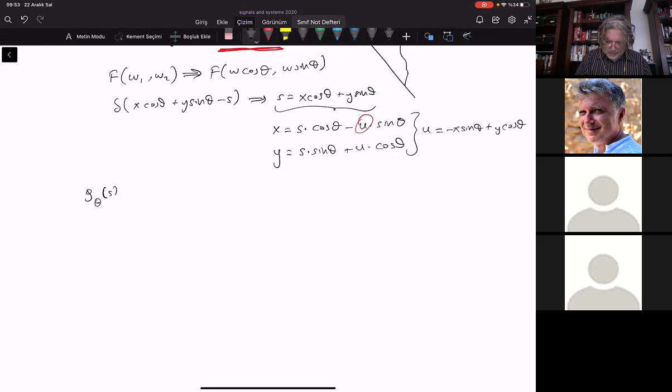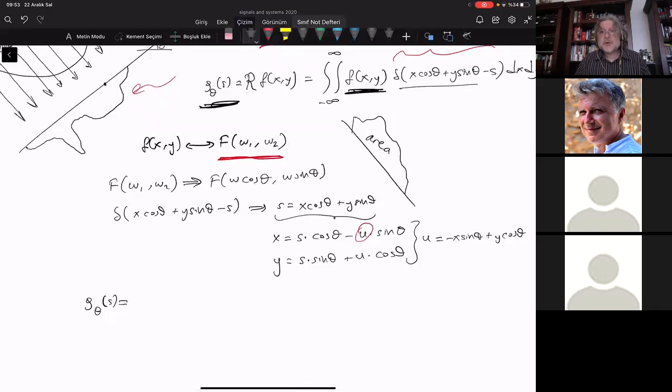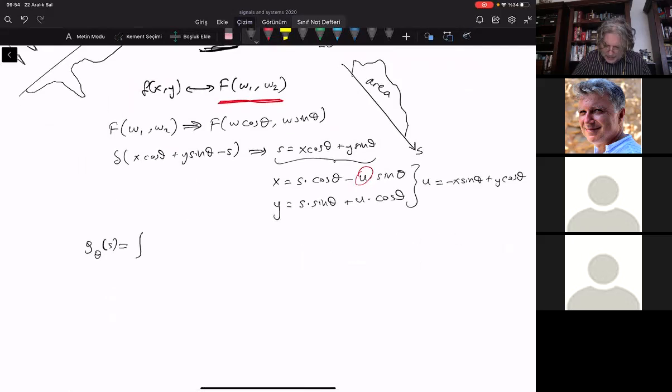G theta of s is equal to, now I will rewrite the double integral at the top right corner from f of x and y, but I will write x and y in terms of s and u. And if I do it that way, then the integration will be along only one direction. So it will be a single integral now, from minus infinity to infinity, but it's still bounded by the support of f.